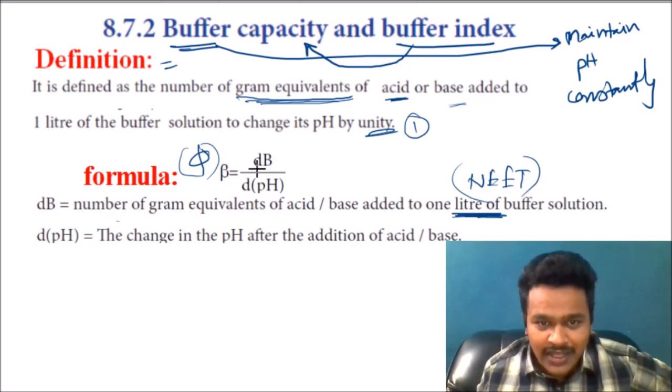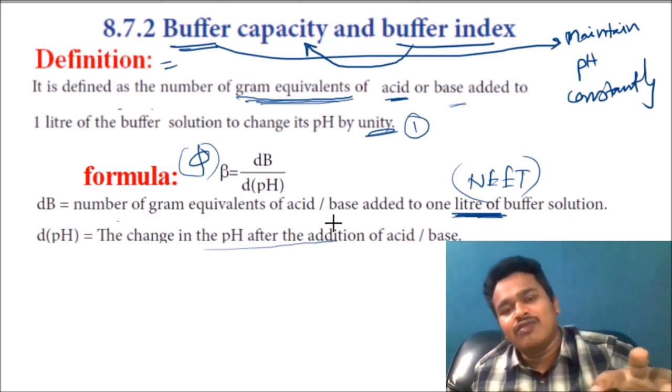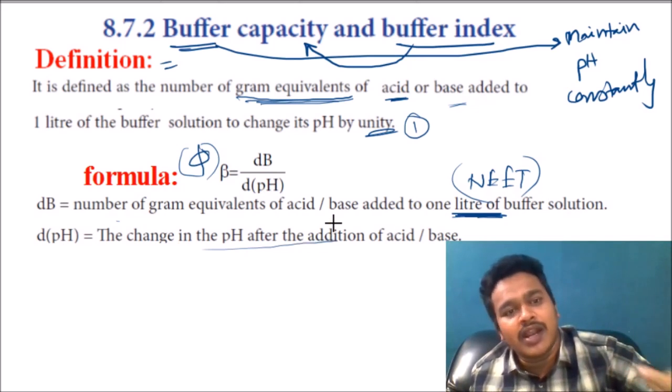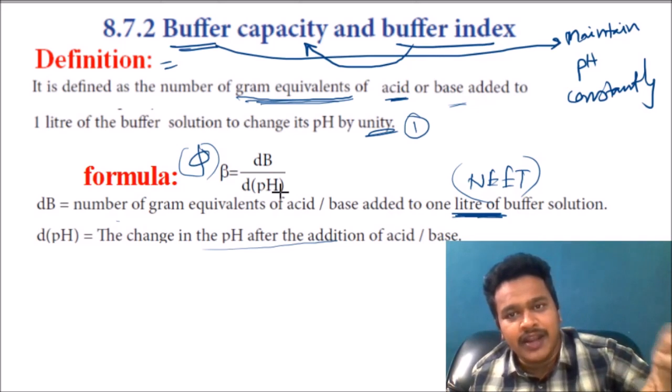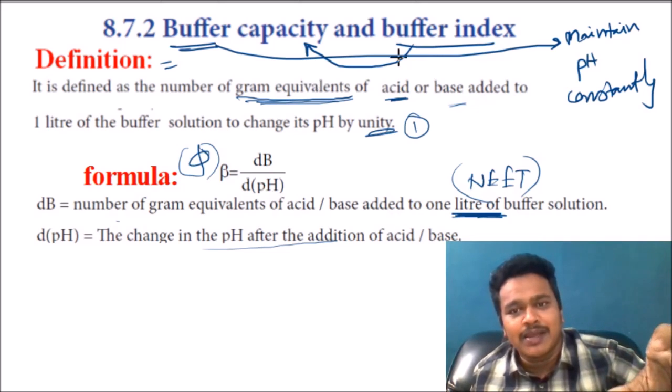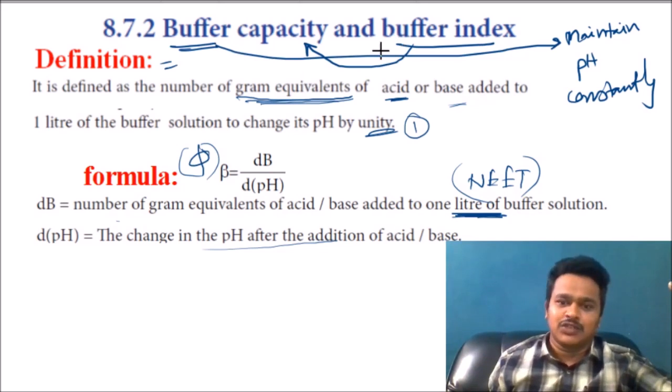That is the amount. dB is the amount. dpH, d means change, the change in the pH. Whatever we discussed in the example, the same thing we are writing in terms of a formula. The amount you added, that means gram equivalents, by the change in the pH. That is the concept of buffer capacity and buffer index. Buffer index is a measurement to know the buffer capacity.